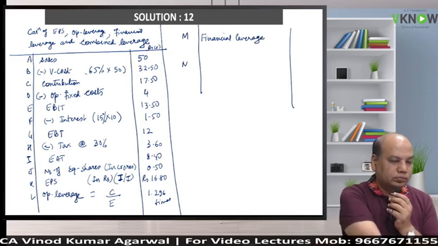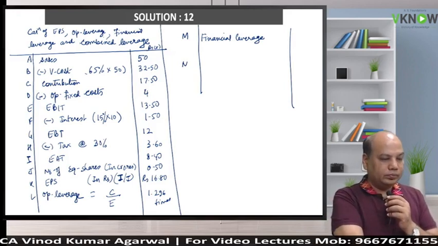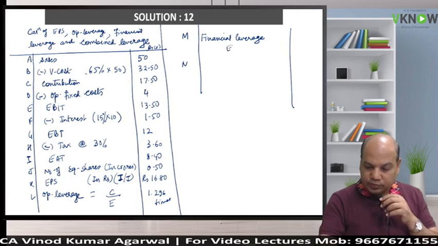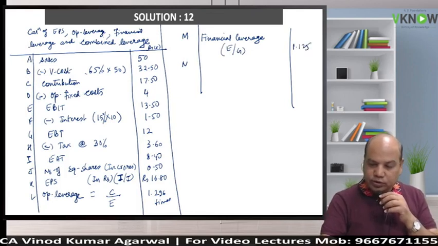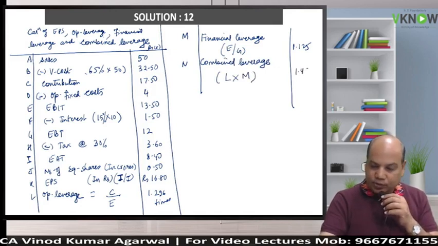E divided by G. So what is the formula you'll use? E divided by G, answer 1.125. What is the next formula? Combined leverage. Just multiply L into M, 1.458.